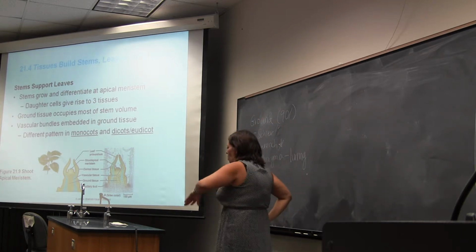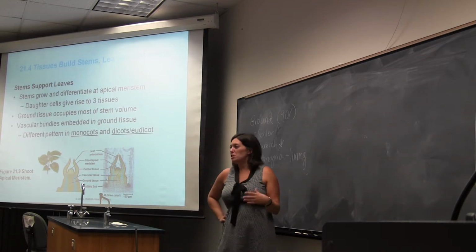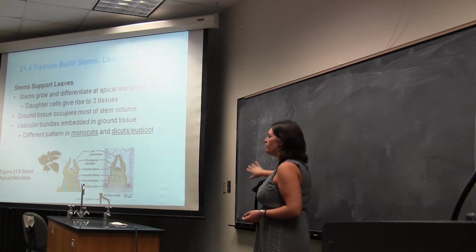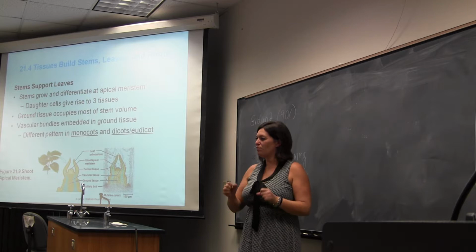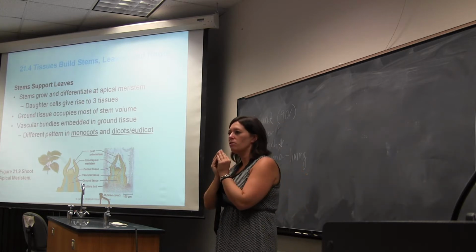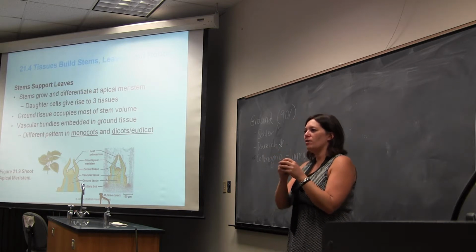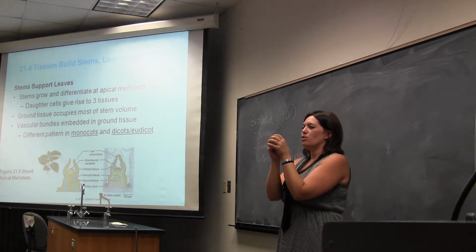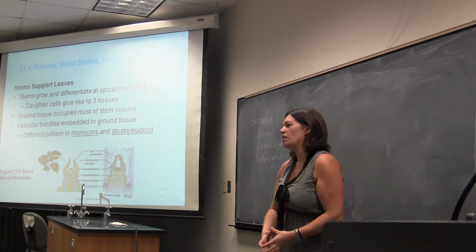And so most of this stem is going to be made up of this ground tissue, which means most of the stem is going to be made up of these parenchymal cells. And in these stems, you'll also see what's called a vascular bundle. If you hear or read about a vascular bundle, it's literally a little bundle of the xylem and the phloem together. So think of it as kind of like the blood vessel for the plant.